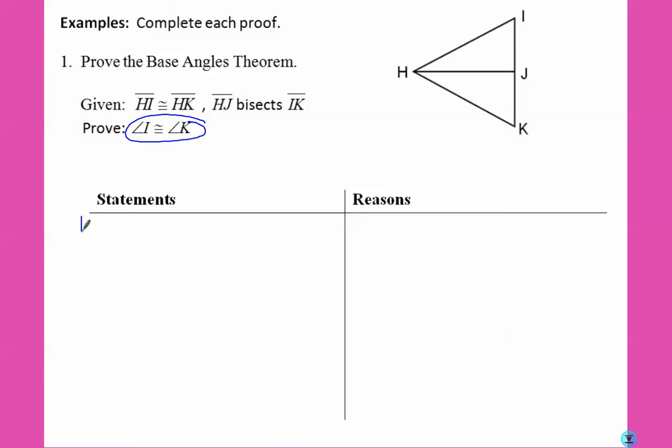So my first statement is HI is congruent to HK and HJ bisects IK, and we know both these things because they were given.